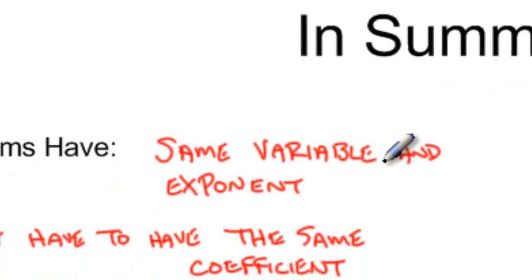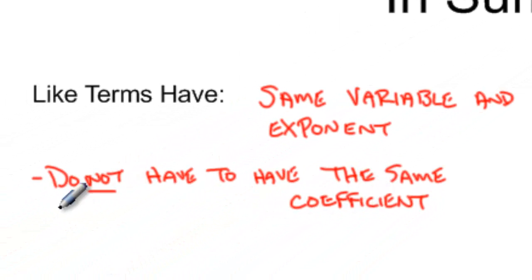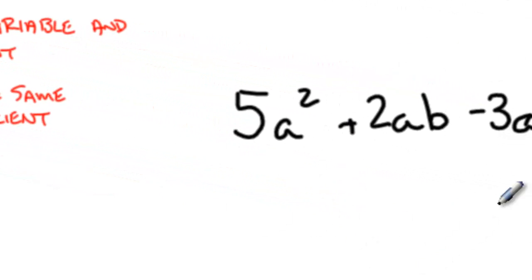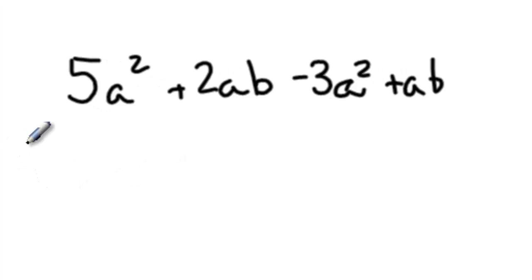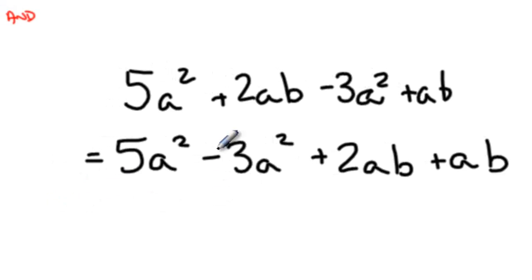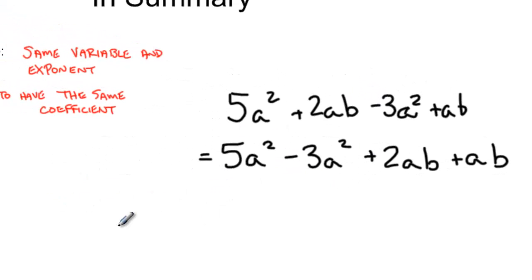So just to summarize, like terms have the same variable and exponent. They do not have to have the same coefficient. When we are simplifying polynomials, when we're collecting like terms, we can start by looking at our expression, identifying any like terms, and grouping them together. Notice again that the sign stays with the term.